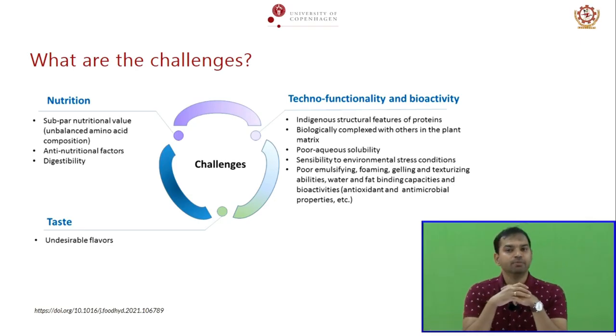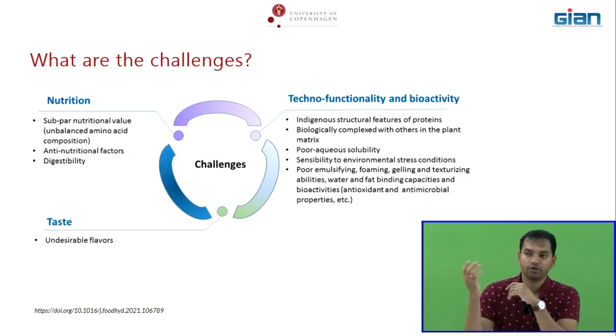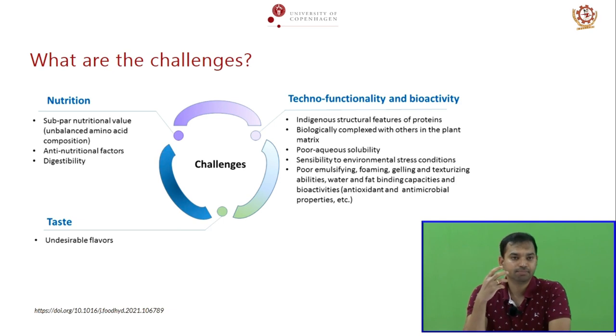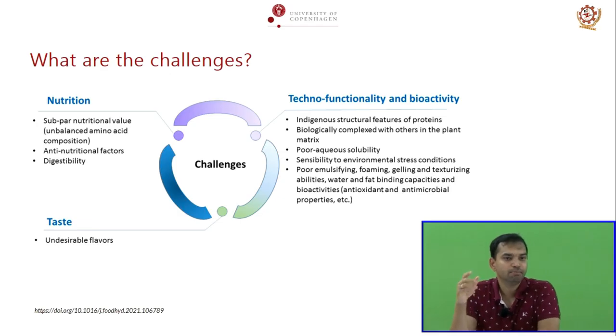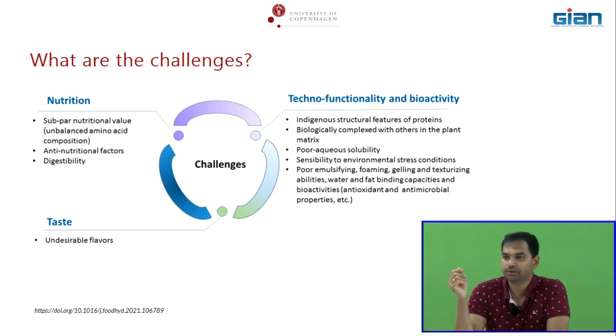We have been discussing a lot that we can do many things, but they all come with their own challenges. Just to summarize the challenges, as a background for my next topic, we all know that plant proteins or insect proteins might have a very high concentration of some amino acids, but not all. Lysines are low, tryptophans are low, methionines are low, depending on the type of protein, right?